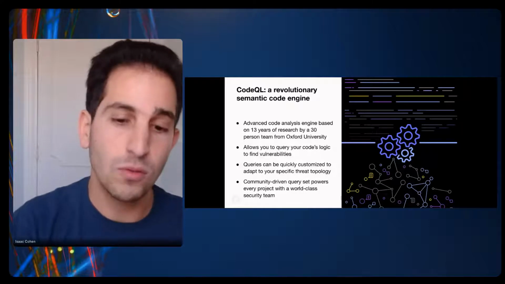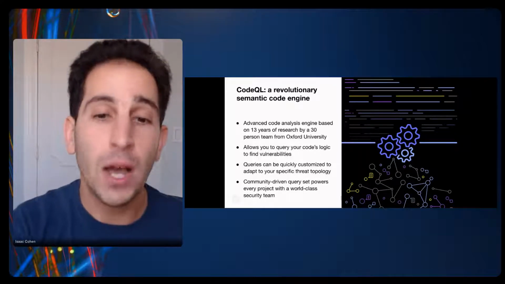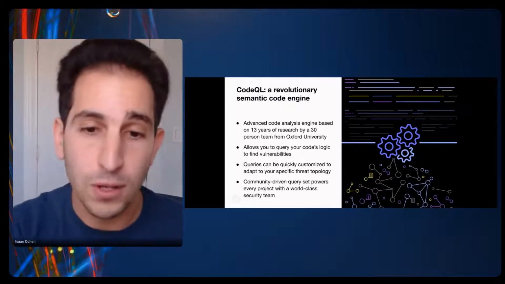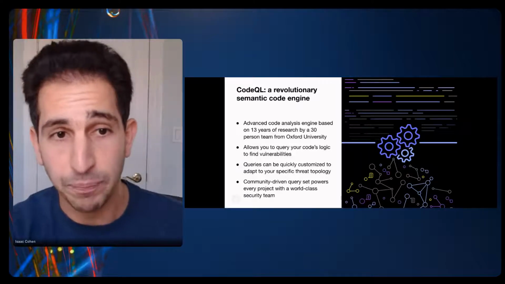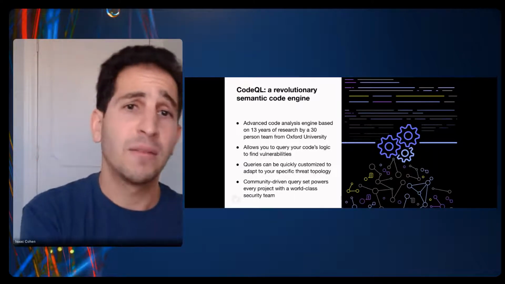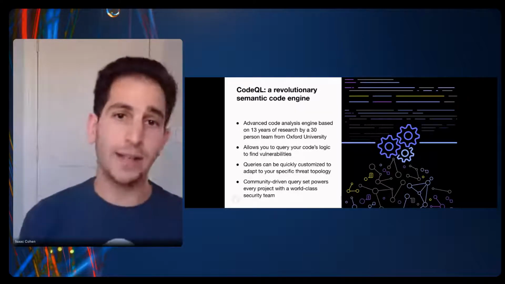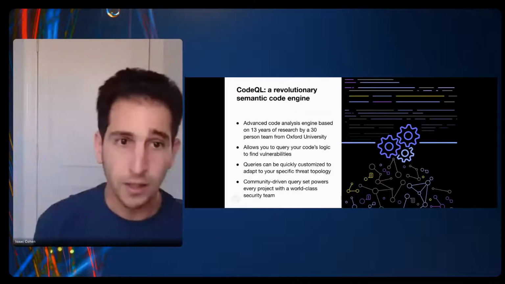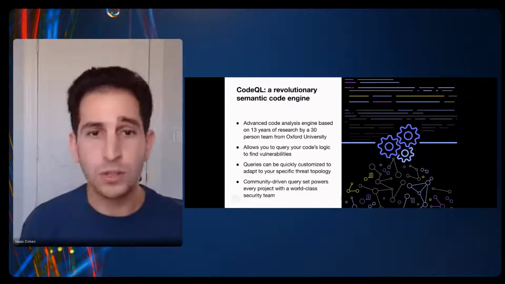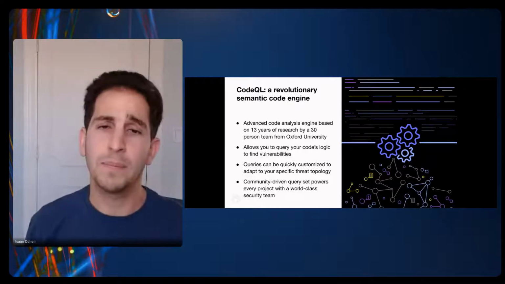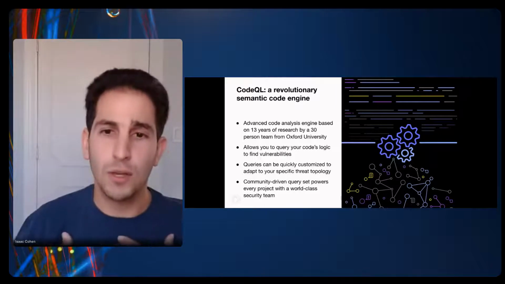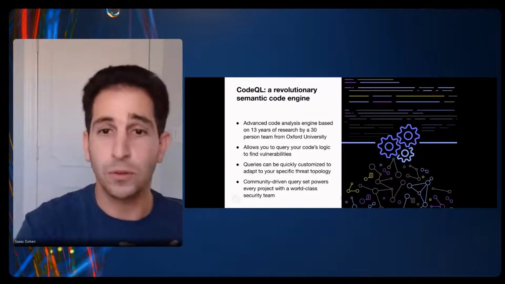This is what we use in order to find vulnerabilities, find flaws within your application logic. CodeQL is a revolutionary semantic code engine, right? It's an advanced code analysis engine. It was developed through 13 years of research from Oxford University. This is the language that we use in order to find vulnerabilities.